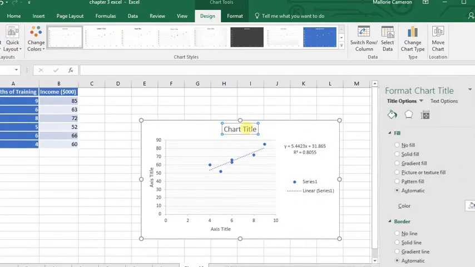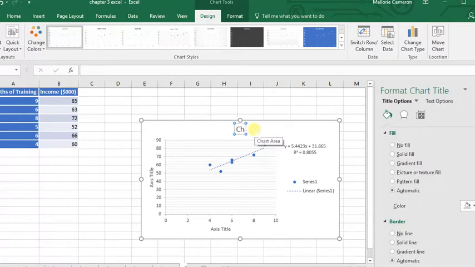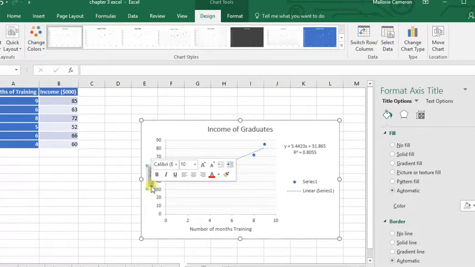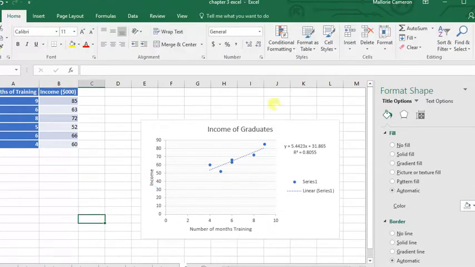Okay, and so this is income of graduates, and this is number of months training. Number of months training, and then this is going to be income. Beautiful. There we go.